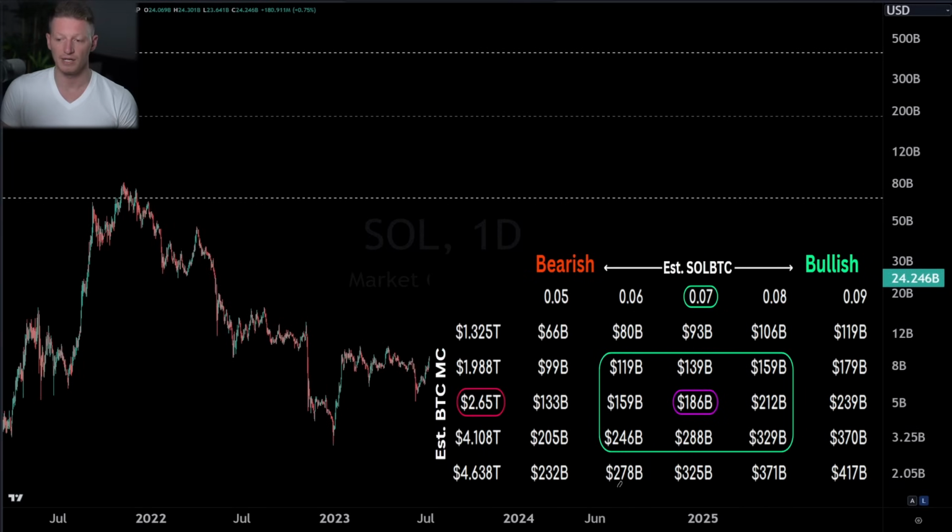All right. Now, it doesn't take a whole lot then to see how we could potentially significantly overperform that. Because if we came back to this 0.07 level, that gives us a $186 billion market cap. What if we got up to the 0.9 level?